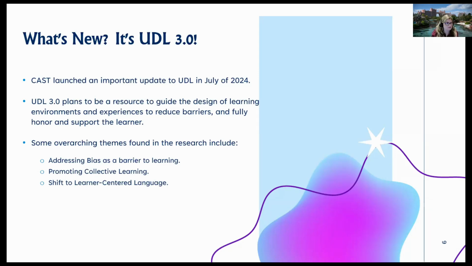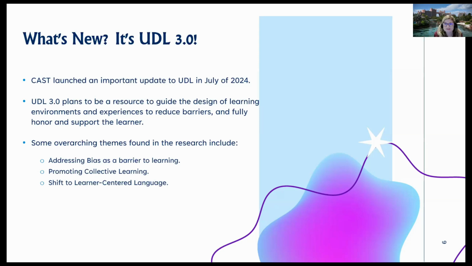The new UDL 3.0 plan is to be a resource to guide the design of learning environments and experiences to reduce barriers and fully honor and support the learner. I really love the way that definition is set up this time for the updates to 3.0, right?